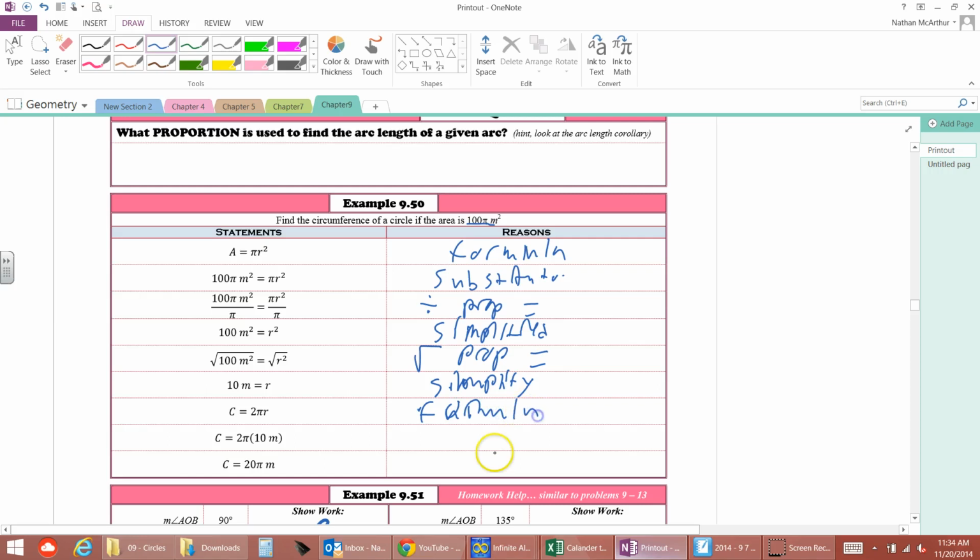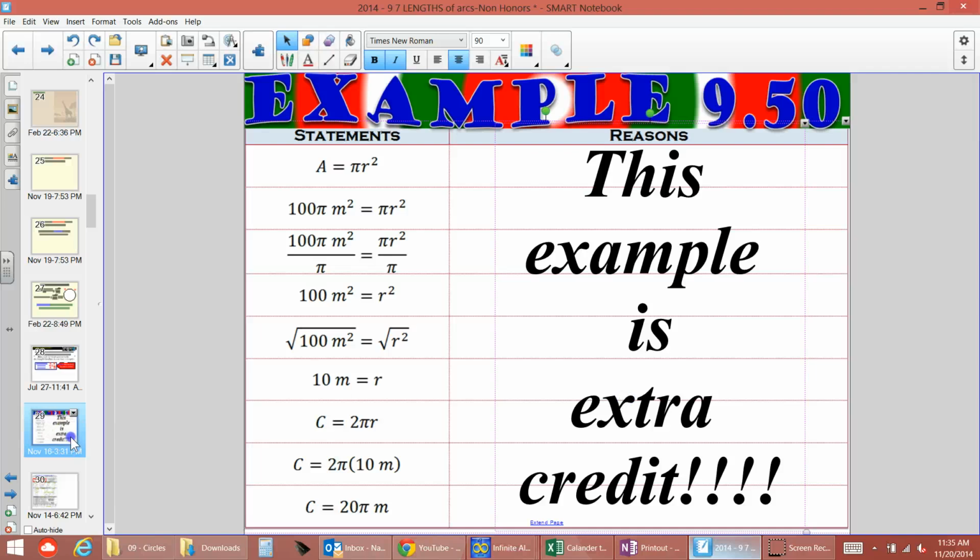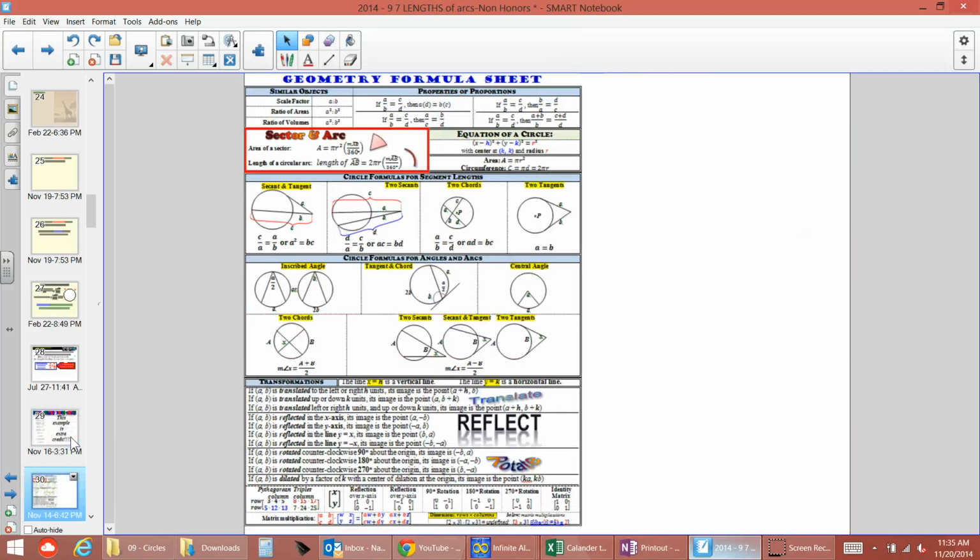And then right here is 2 pi. So this is going to be my substitution step. I substitute in, and then I multiply. 2 times 10. And that gets me my 20 meters. So there's your extra credit for watching the video. Nice job. Way to get some free points. Now we're going to go on to the next one.